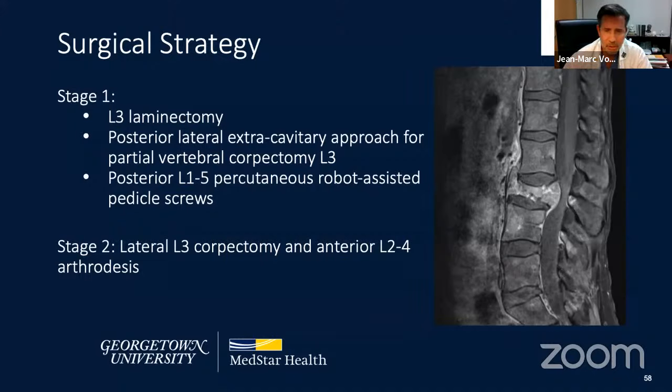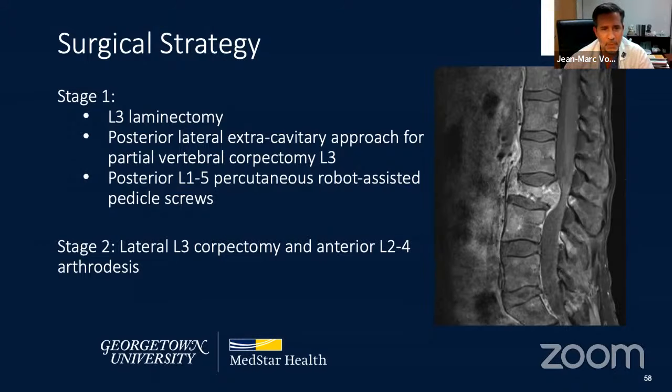Would anybody consider a posterior approach alone here? Does anybody have any experience doing posterior lumbar corpectomies and placing intervertebral expandable cages from a posterior approach in the lumbar region?